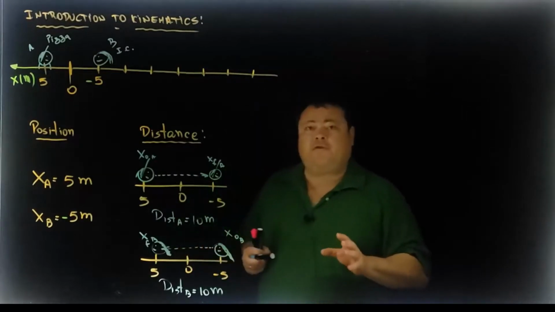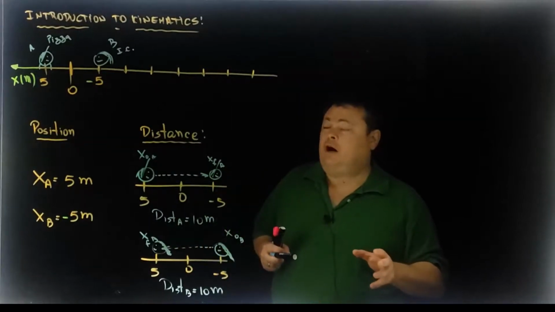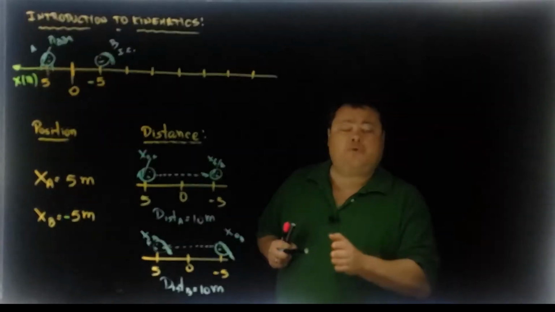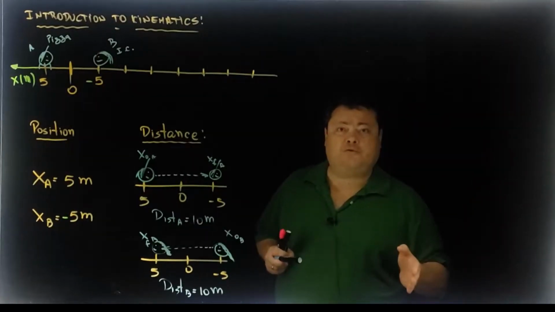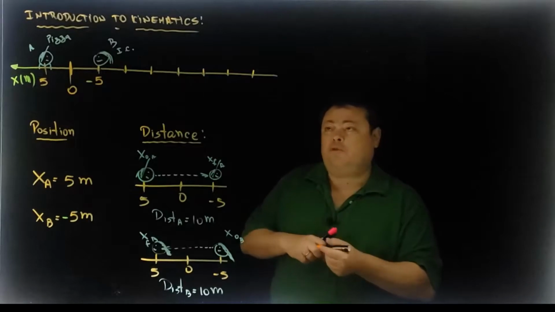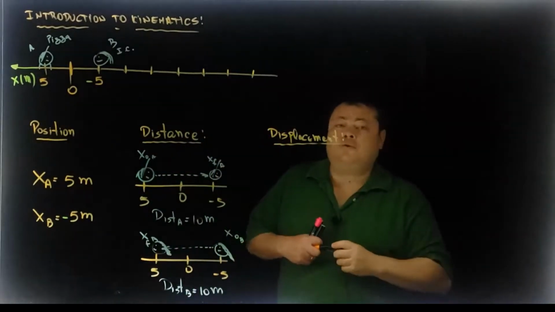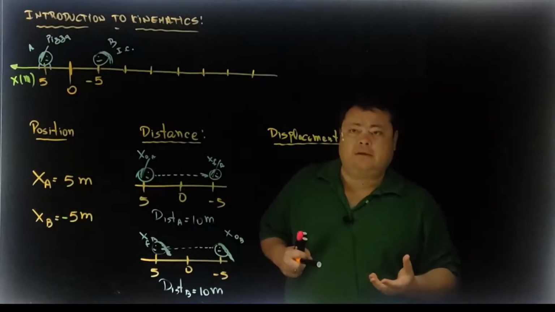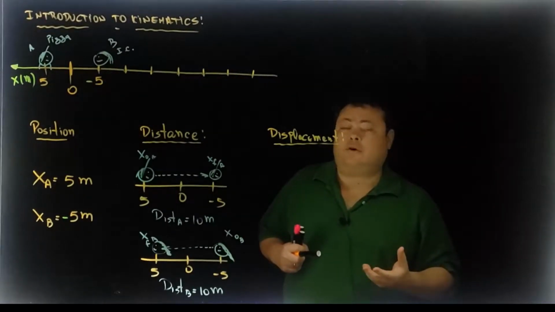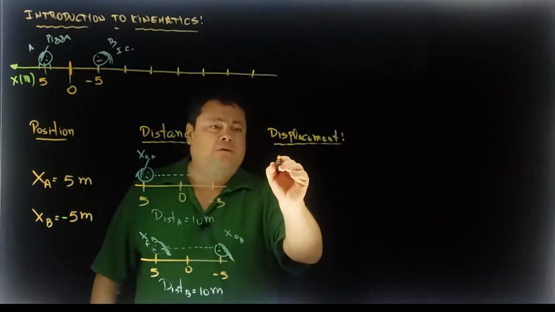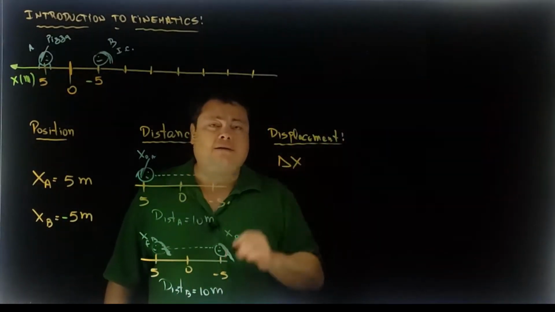And then we need to define a new quantity to also account for this idea of starting point and ending point and the direction you're actually moving. So we then will define displacement. So displacement, or change in position, we represent by the symbol delta x.